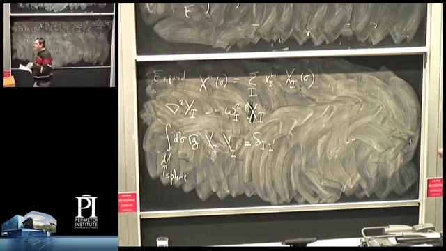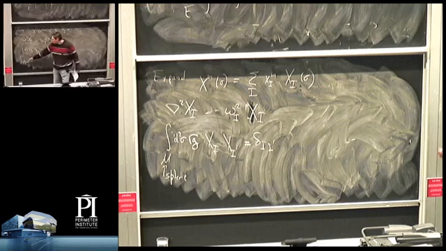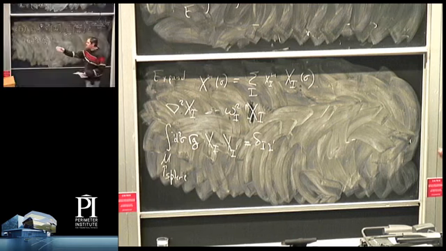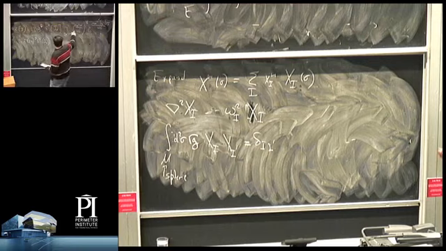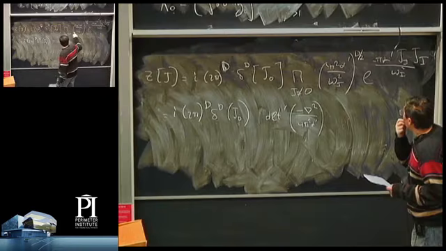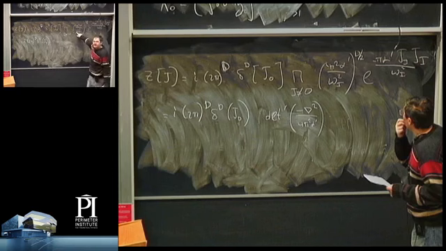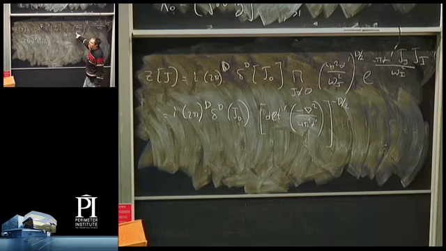Here I'm actually doing the discussion in slightly more generality. Everything that I'm talking about here is valid for any compact manifold. That's just a property of the Laplace operator on a compact manifold. So what I have here is a product of all eigenvalues except for the zero eigenvalue, right?